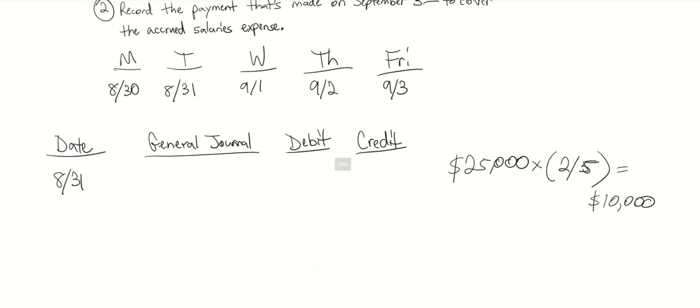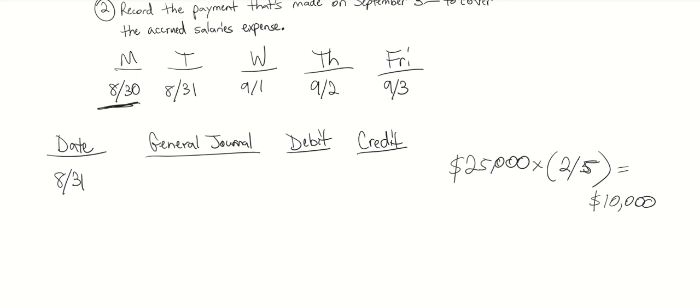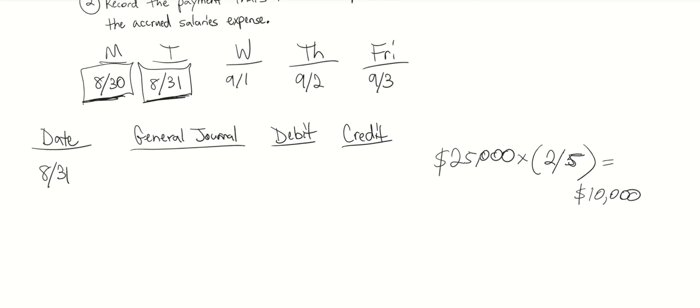This $10,000 is reflecting August 30th on Monday and August 31st on Tuesday. So the company has to accrue in their books the expense for those 2 days. Even though the cash has not been paid out yet, at the end of August they have to accrue the expense in their books.